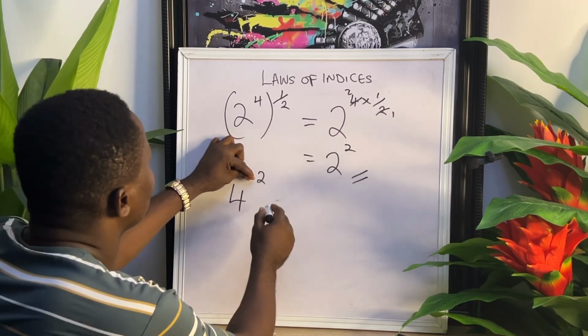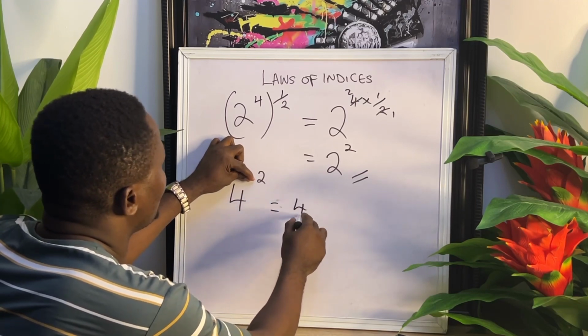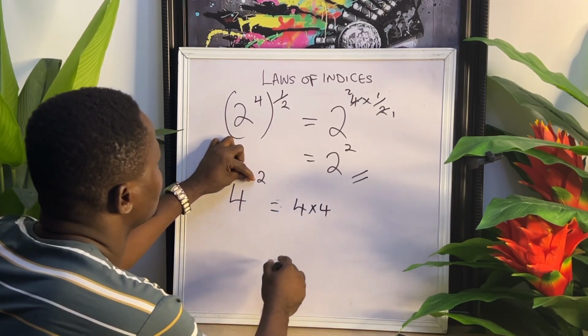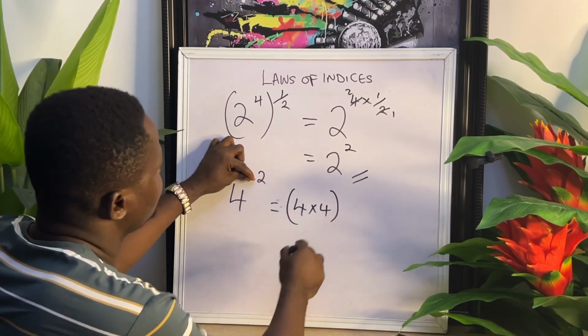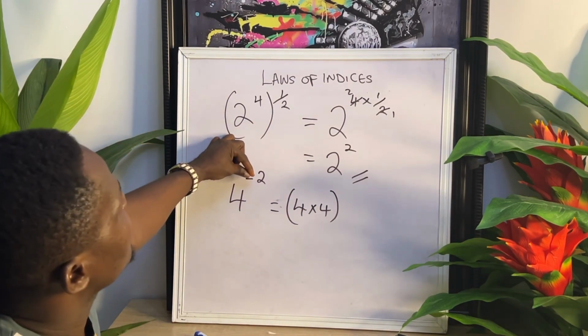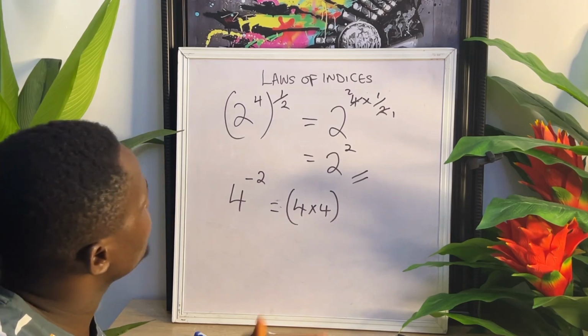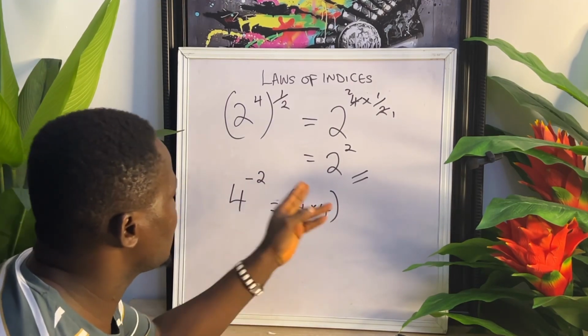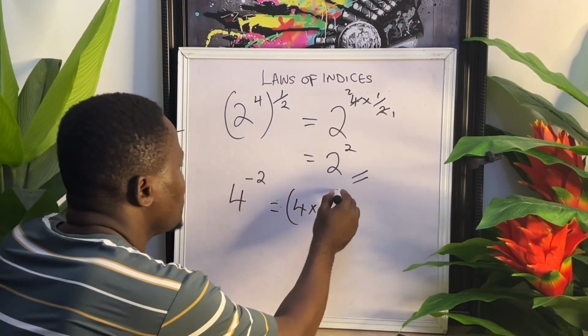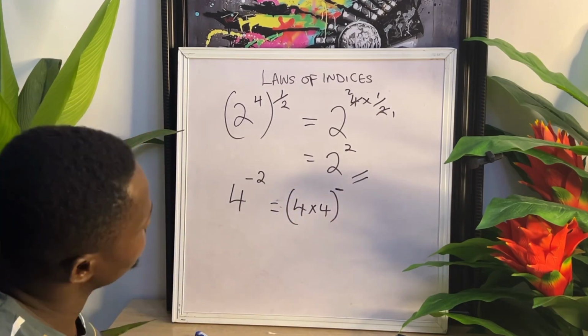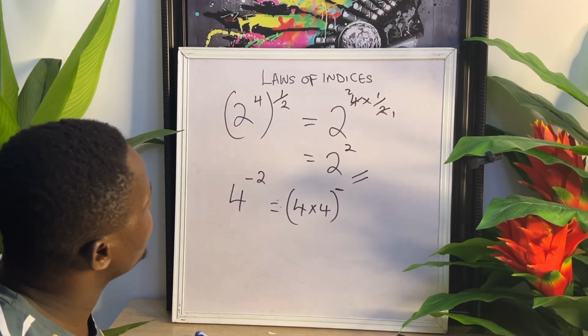And 4 raised to power 2 is the same as 4 times 4. Put it in brackets. And the negative sign that was part of the power can then be brought in. Now as power, we have minus here. And 4 times 4 is 16.